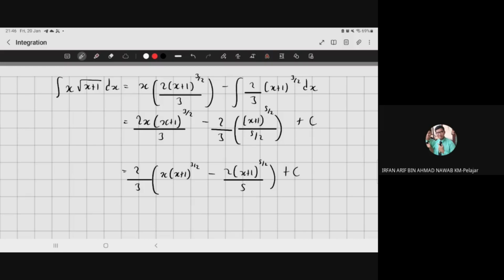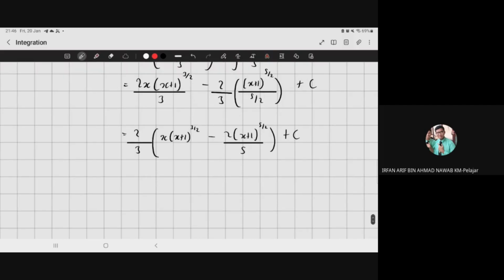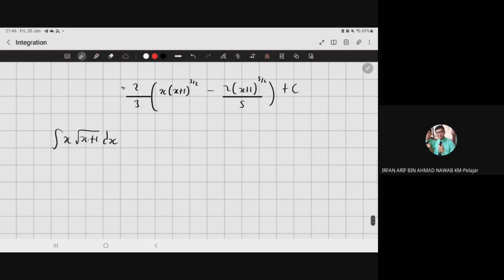So as I recall, let us try and use the technique which I mentioned earlier, the substitution. So let's go here. Integral of x times square root of x plus 1 dx. Now, as usual with a square root, I use substitution. So u is equal to x plus 1, du is equal to dx. This implies that we can express x in terms of u, which is x is equal to u minus 1.